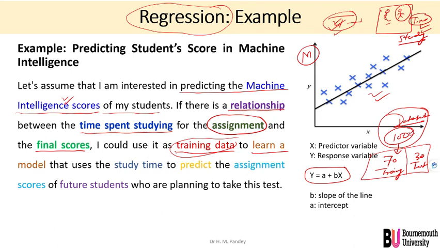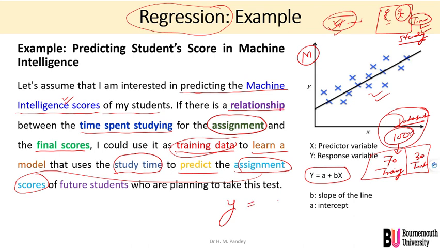Then the model will be used to predict the relationship between study time and assignment score. If assignment score is y and study time is represented by x, then using this, we have the predictor variable and response variable.